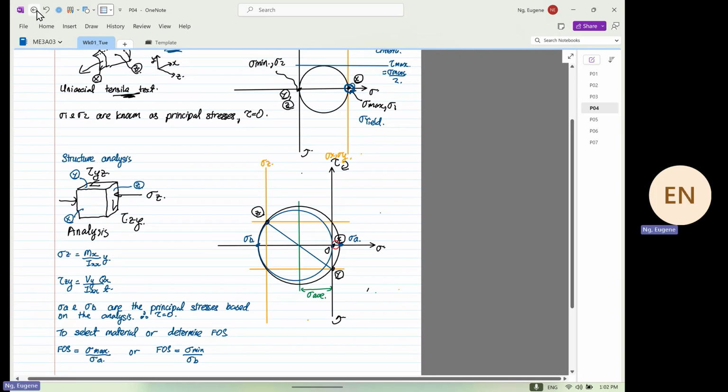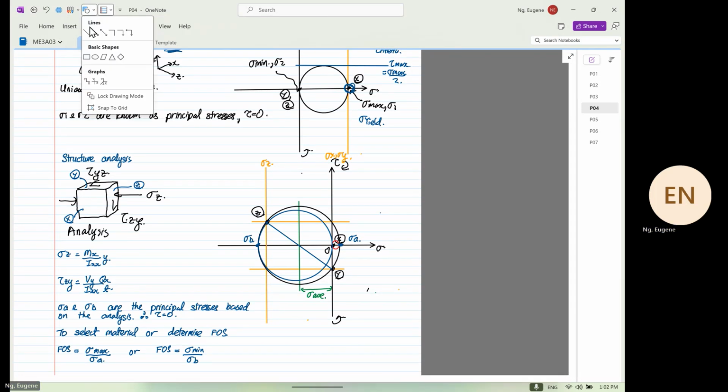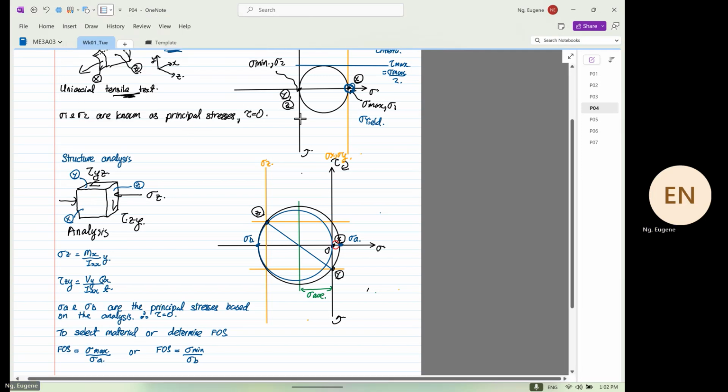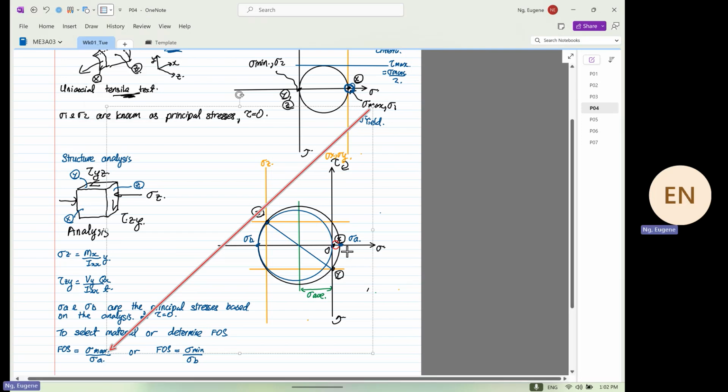I'm going to make this a bit untidy so you can see better. Stress max is over here. Stress A is over here.